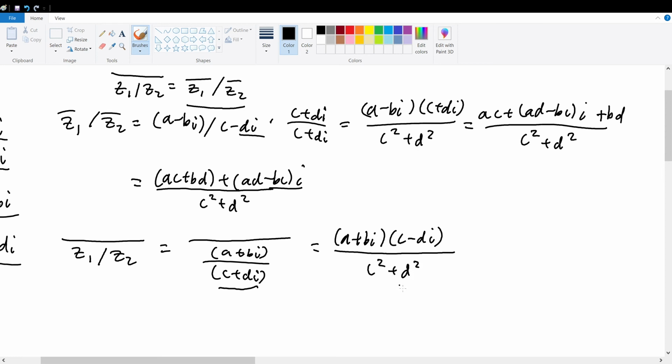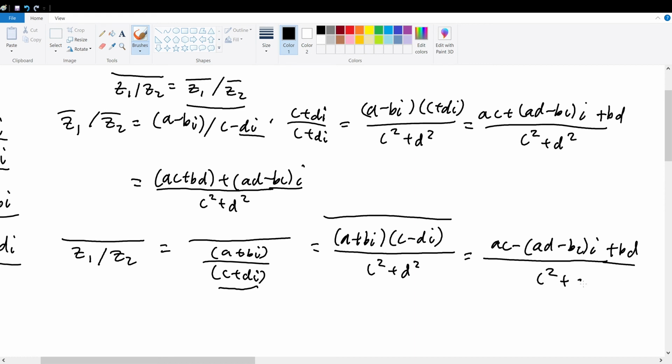I multiply both sides by c minus di to relate it to the form a plus b times a minus b. And this, evaluated, will be equal to, if we put the conjugate symbol on top, ac minus parentheses ad minus bc times i, plus bd. And I just simplified it and grouped some terms together. And this whole thing is divided by c squared plus d squared.